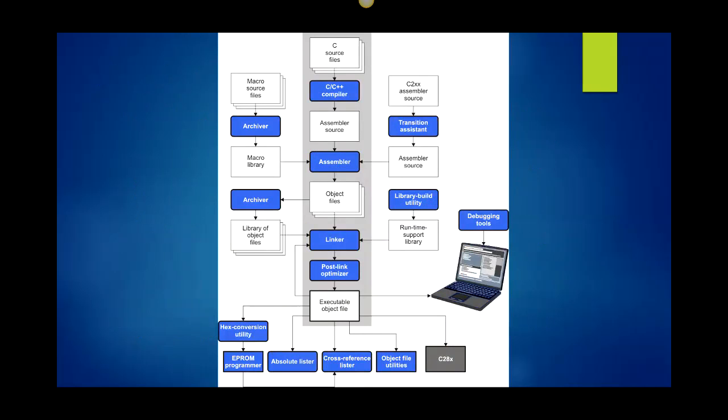So, a very quick overview of the development cycle for any programming language, and I'm going to simplify it to the context of what we're working on. You write your C code in an editor. You type text into an editor and save it as a .c file.